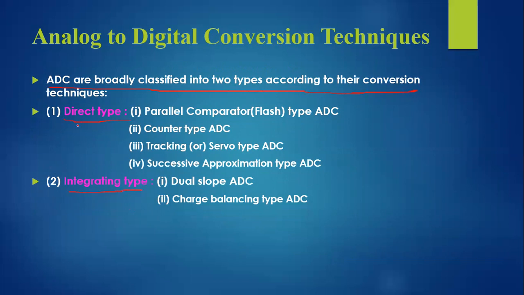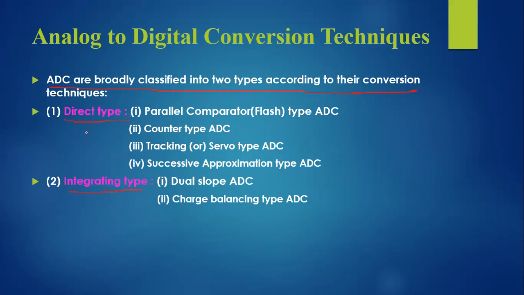The direct type means this type of A to D converter will compare a given analog signal with an internally generated equivalent signal. It compares within the conversion process itself and directly generates the output in terms of digital data. Hence it is called a direct type A to D converter.